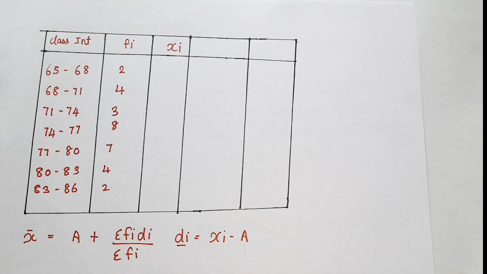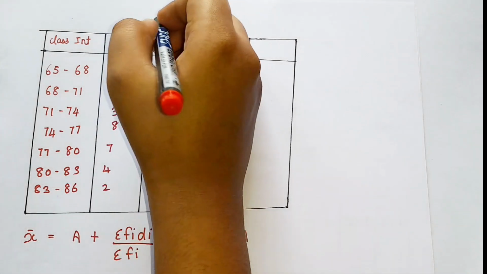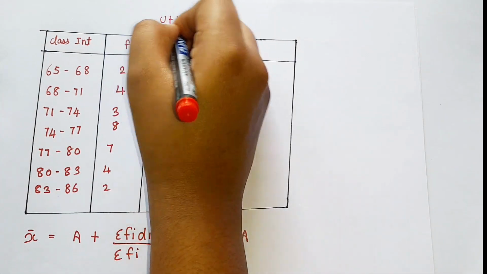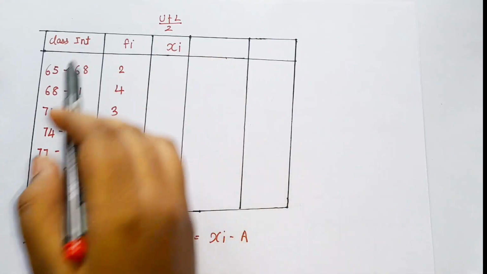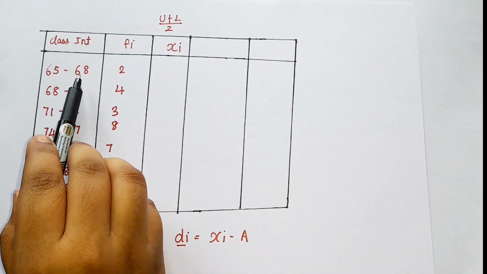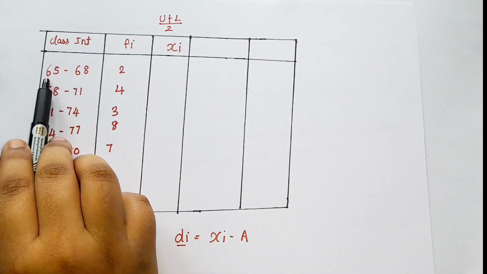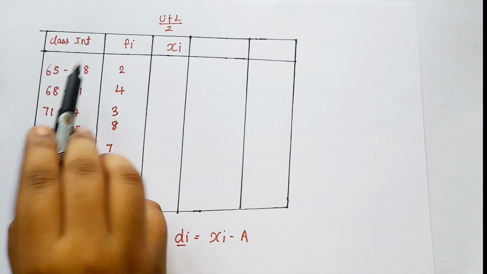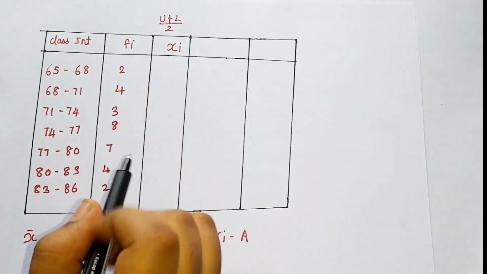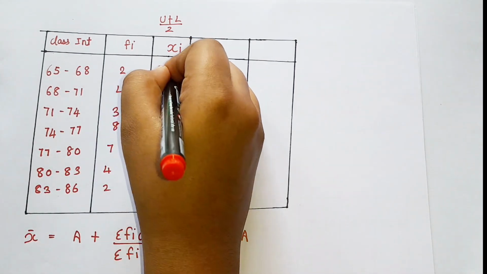So let us find the xi value. How do we find the xi value? Upper limit plus lower limit divided by 2. So here in these both numbers, the upper limit is 68 and the lower limit is 65. When we just add them and divide it by 2, we'll get 66.5.